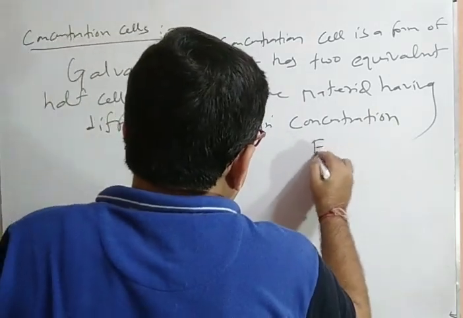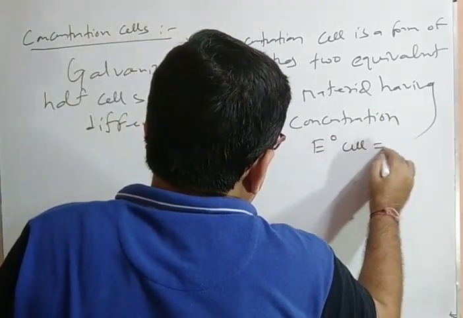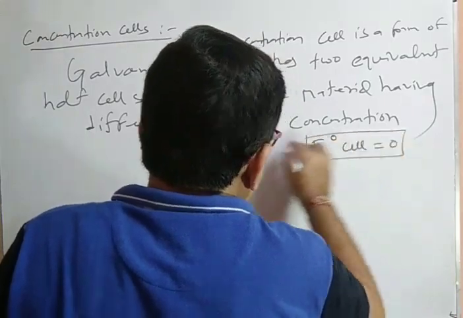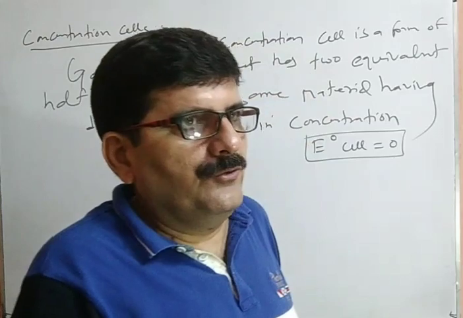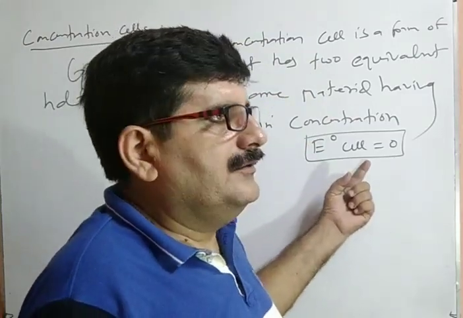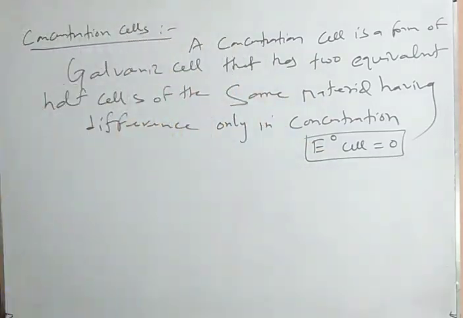In this type of cell, E naught cell is equal to what? 0. Because the same couple is oxidized and reduced both. That's why E naught cell is equal to 0.